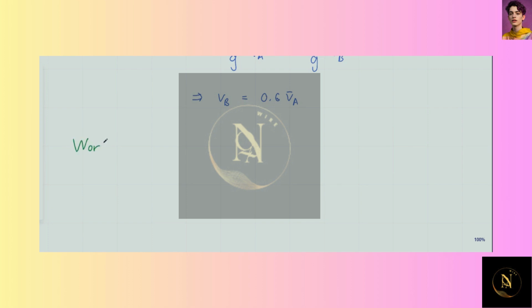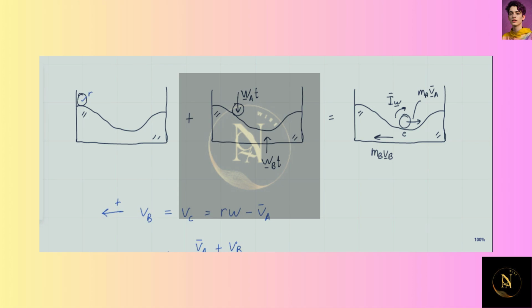So now let's look at work and energy. Firstly, the work done in going from state 1 to state 2, we'll call it U, is equal to the weight of ball A times the distance, which is 6 inches. So 6 inches, remember, is the height from its highest point to point C. So that vertical distance is 6 inches.